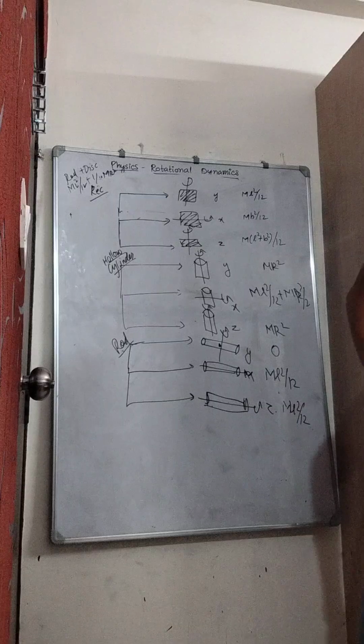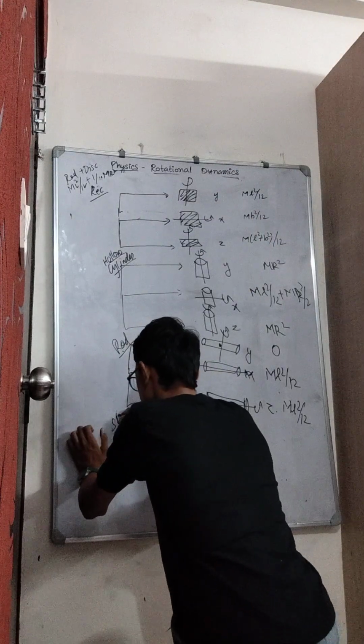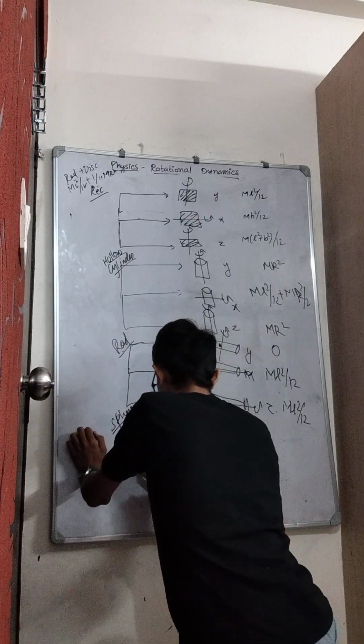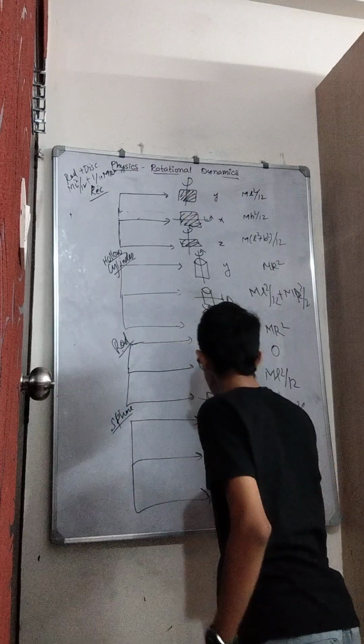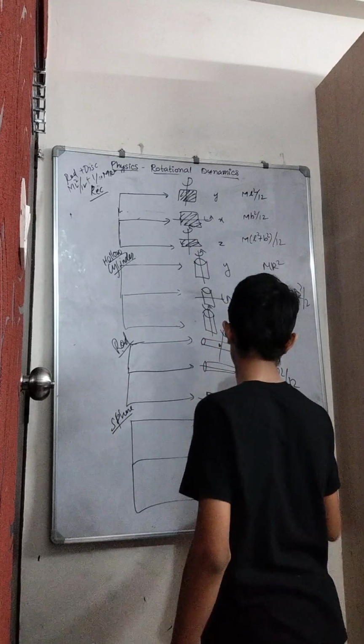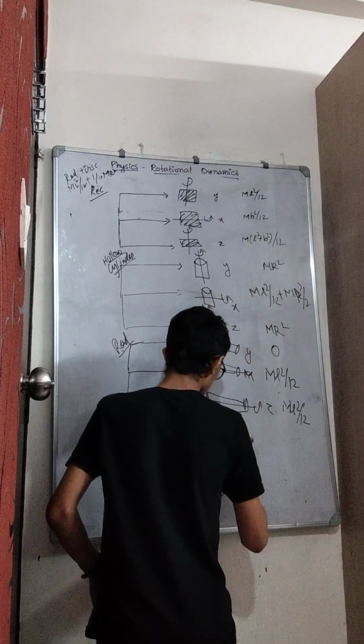Next is sphere. So now sphere, y, x, z. Anyway, it is spinning.